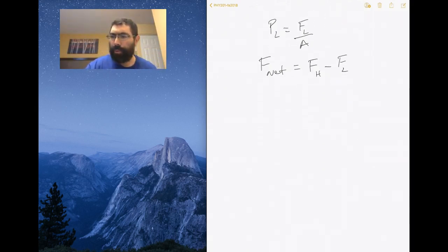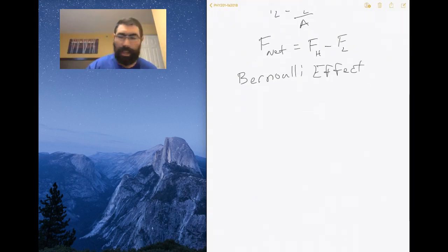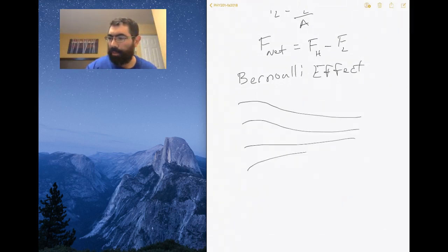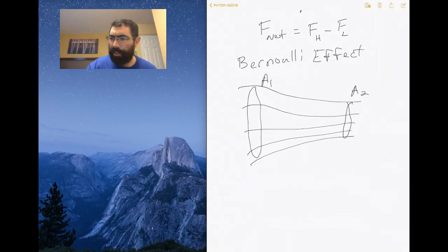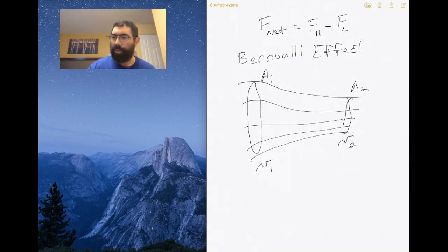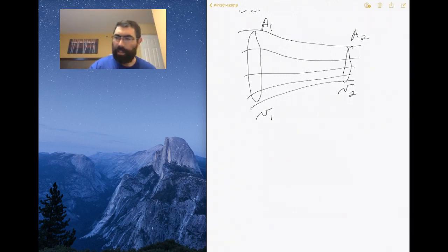Okay, so the Bernoulli effect is one in which we have basically this flow of a fluid through an area like this. So you have an area A2 and an area A1, and on this side there's going to be a velocity of the fluid V1, a velocity of the fluid V2, and there's going to be pressure on one side, P1, and pressure on the other side, P2.